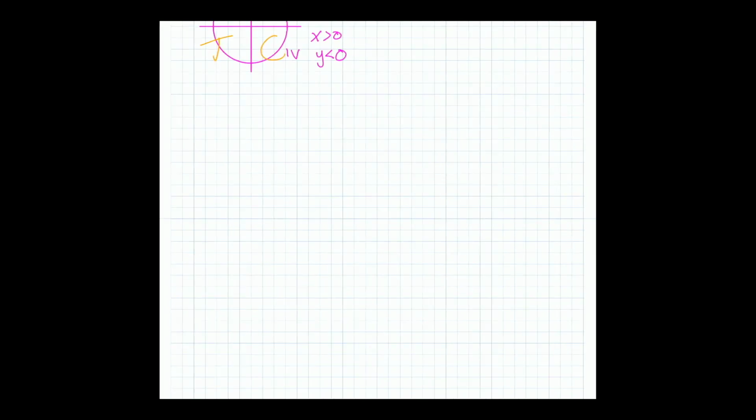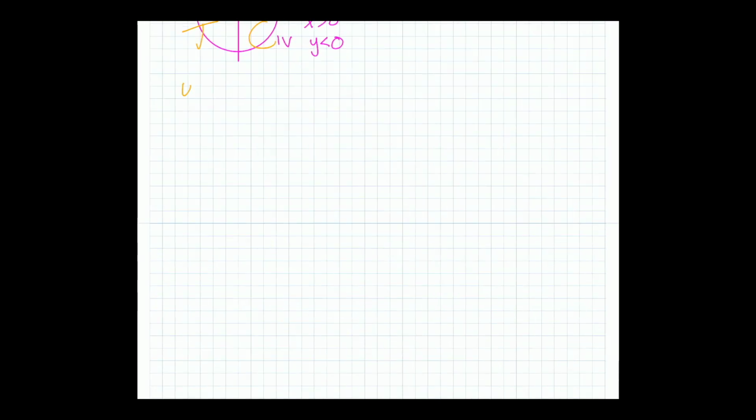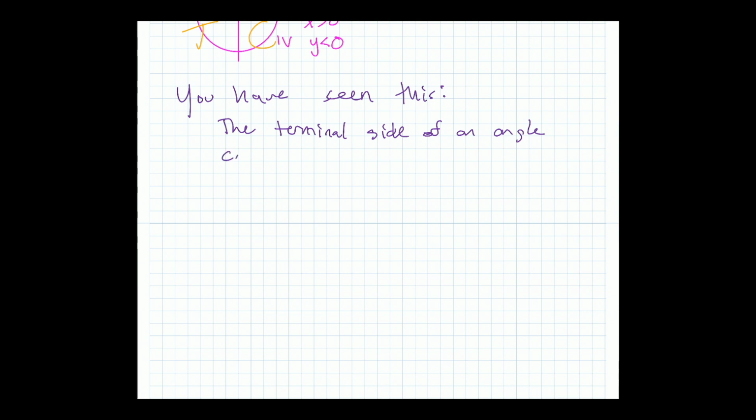So you've seen problems like this. What have you seen? If they say, like, let's see, the terminal side of an angle crosses the unit circle at, and they'll give you a point, right?